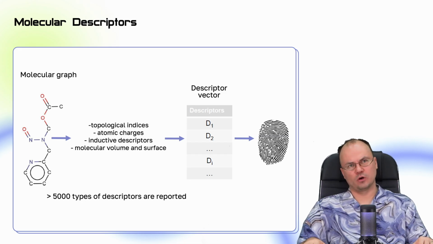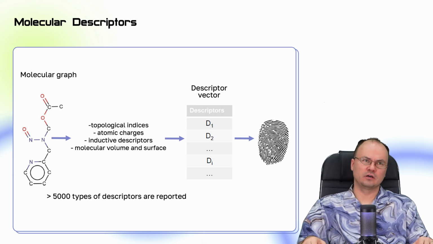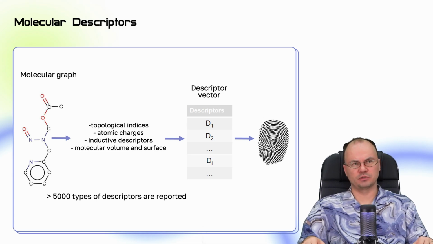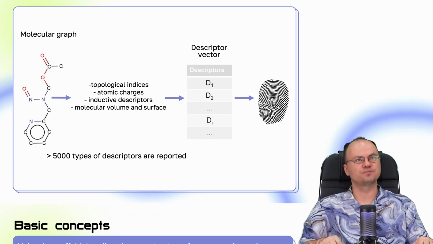In our group, we are also working on different algorithms to devise new descriptors, such as Voronoi descriptors and Shannon descriptors, which might be particularly useful for chemical space analysis.